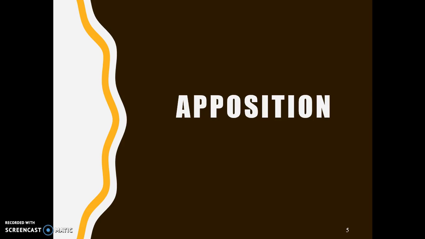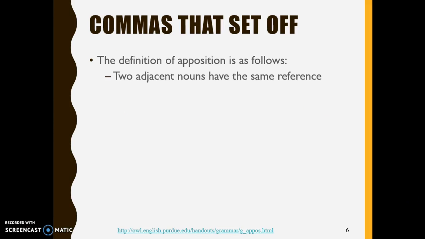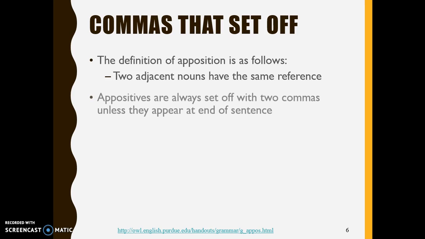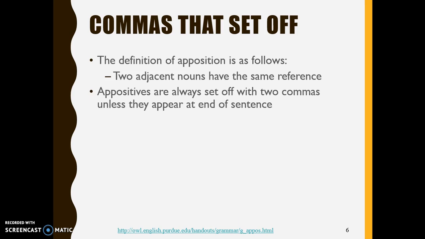Appositions. The definition of apposition is as follows: you have two adjacent nouns that have the same reference. Appositives, which is another name for apposition, are always set off with two commas unless they appear at the end of a sentence.